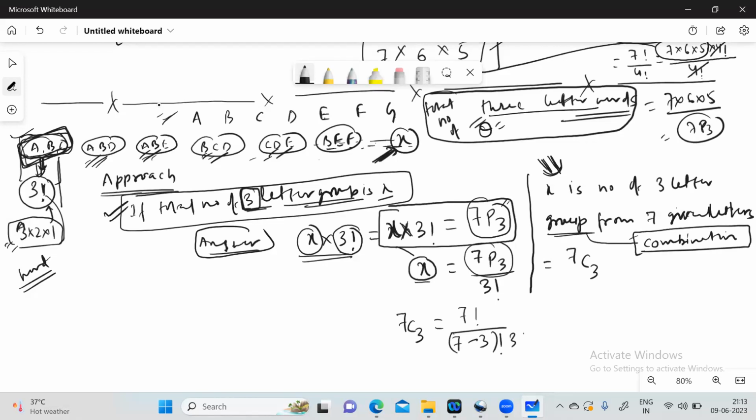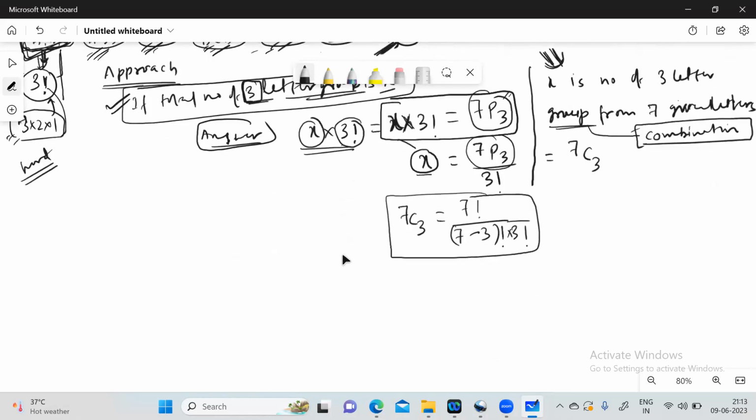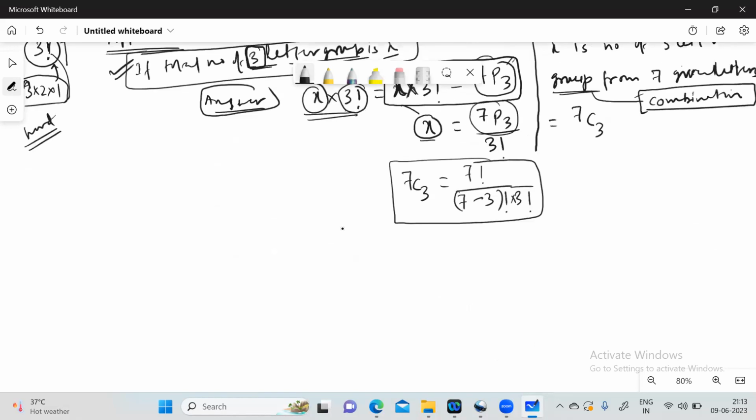And we already have 3 factorial here. So again, we can generalize this too. We can put 7 as n.